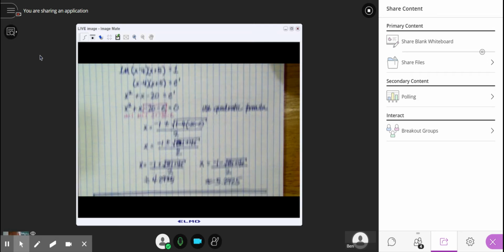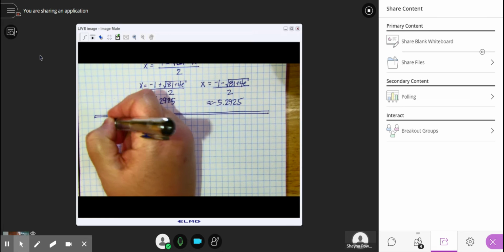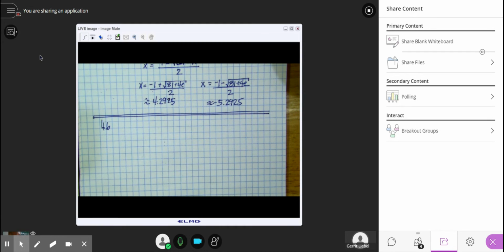All right. Then we're going to start today with 4.6, which is modeling with logarithmic equations. Nope, that's not it. Or with exponential functions.